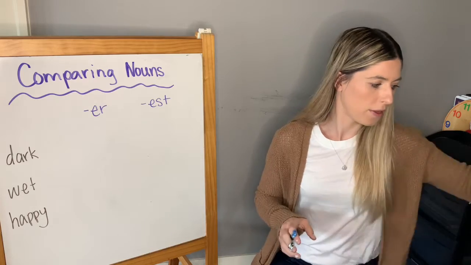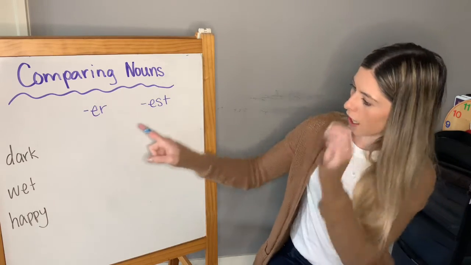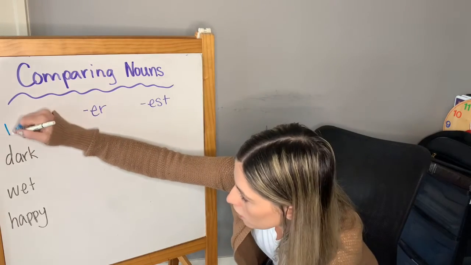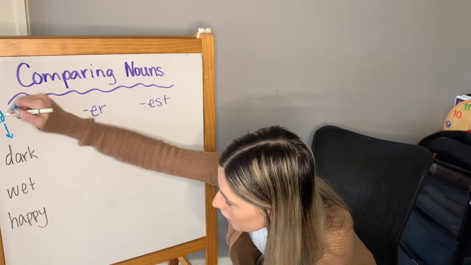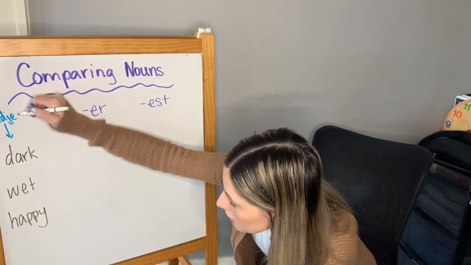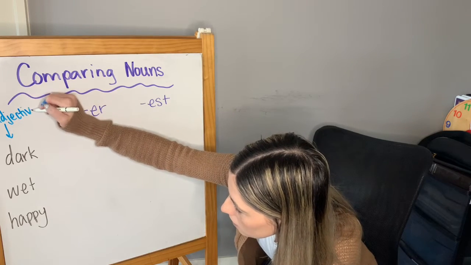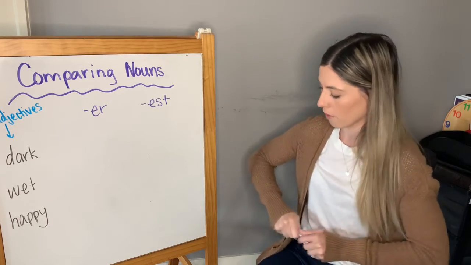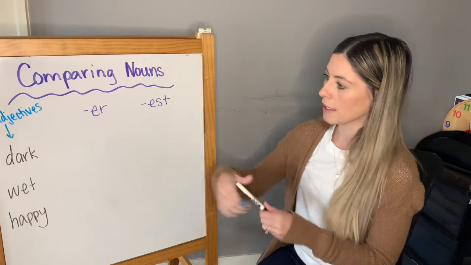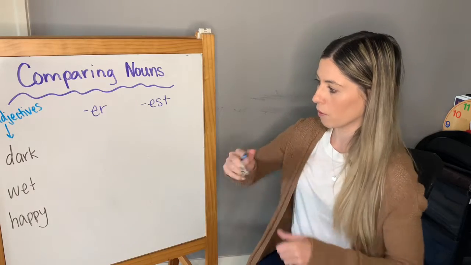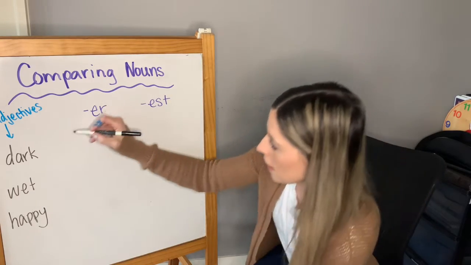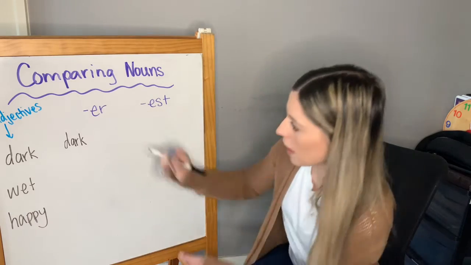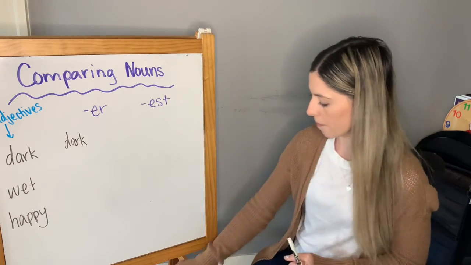So we're going to talk about that a little bit. Over here, I have three adjectives that we're going to change. These are adjectives. Adjectives tell us about nouns. They are describing words that explain more detail about nouns. So I'm going to take the root word. These are all root words. I'm going to take the root word, dark, and I'm going to add the suffix er.